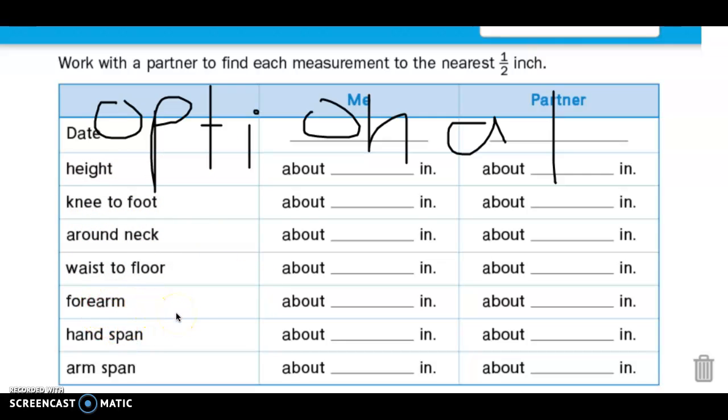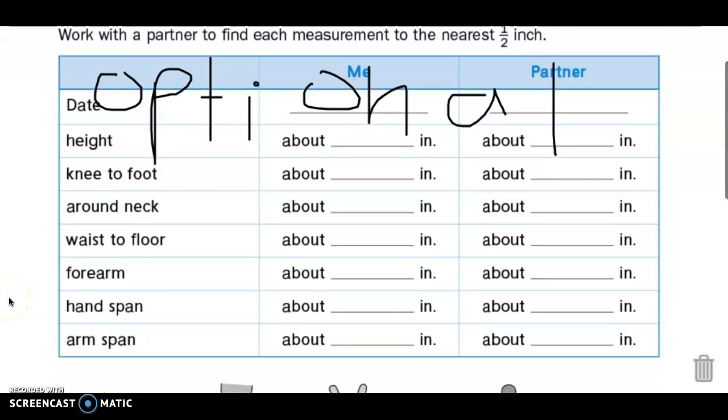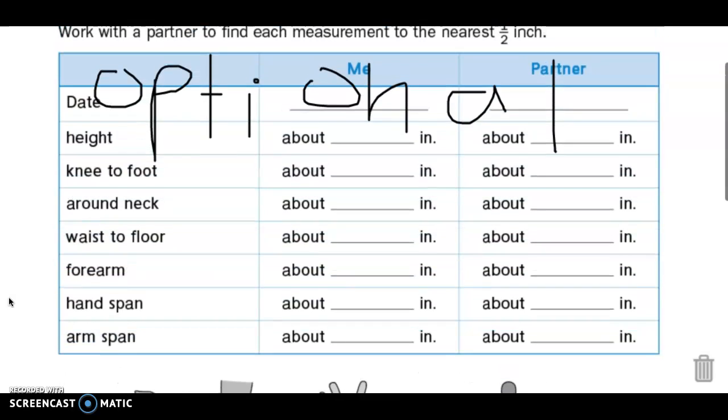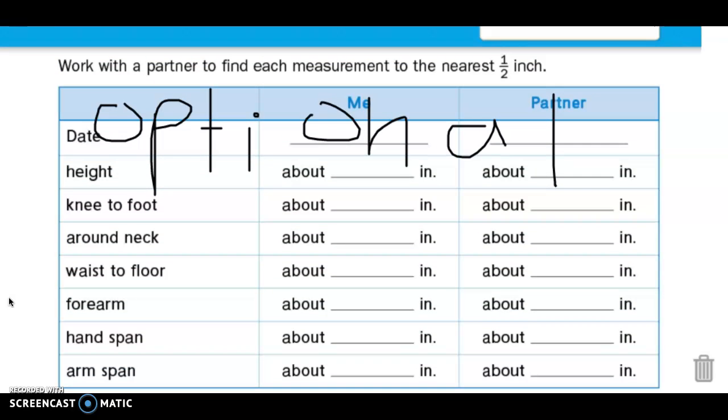That is your hand all the way to your elbow, your hand span, so just the size of your hand, and your arm span, so from your fingertips all the way to your shoulder. This is really tough to do with a ruler, okay? So if you have a tape measure or a measuring tape at home, you can try this. If you don't, this is optional. That means you don't have to.